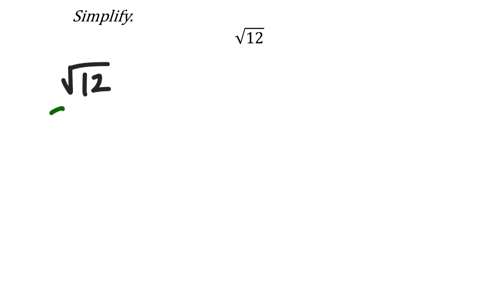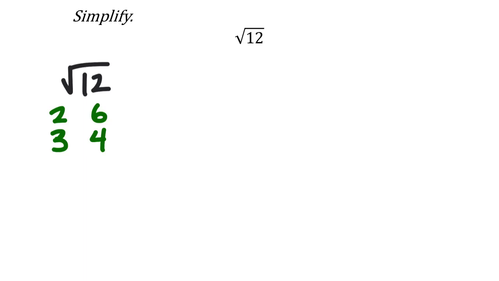So the next one I would say is, well, 2 and 6. Well, 2 and 6, neither of these are perfect squares, so that doesn't really help us. The next pair of factors for 12 would be 3 and 4. Now again, this is the convenience of memorizing the first 12 perfect squares.